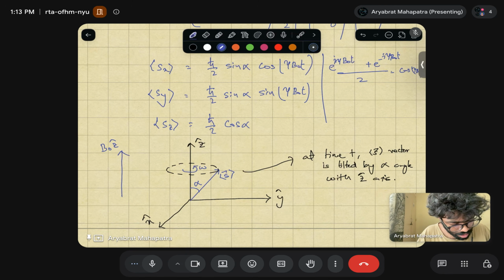So this omega is basically your gamma B naught. This is the angular frequency with which it is rotating, and this is known as the Larmor frequency.